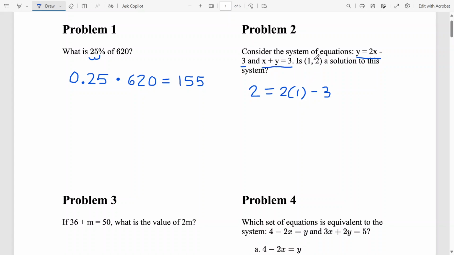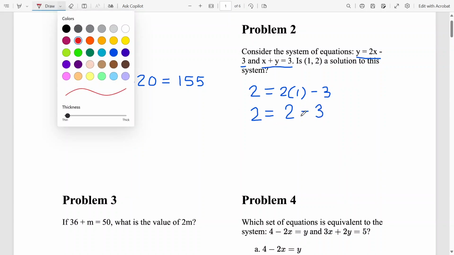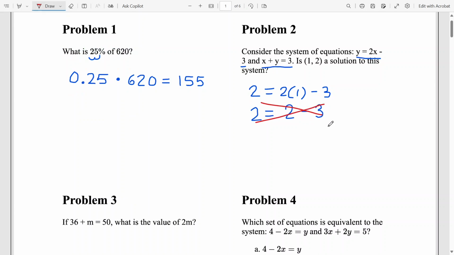And if they both work, then yes, it is. But in this case, when we start to work this out, we get 2 equals 2 minus 3. We know that that's not possible, right? So that doesn't work. So the answer is no.